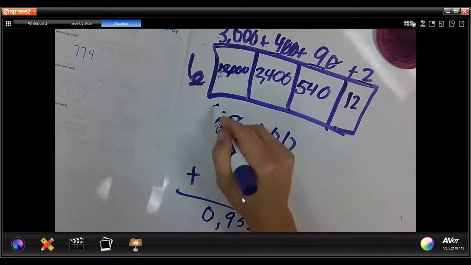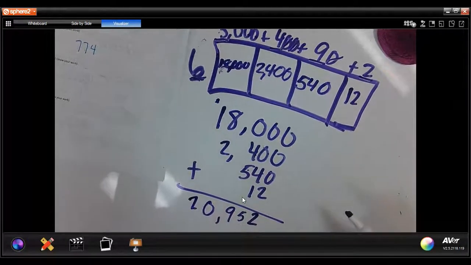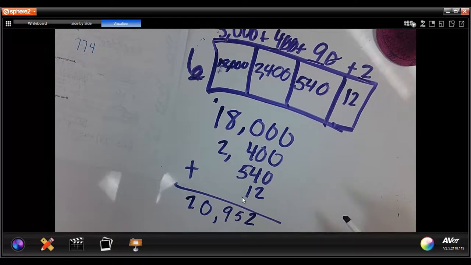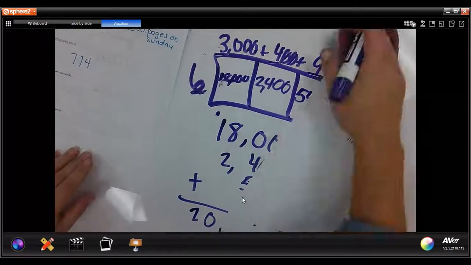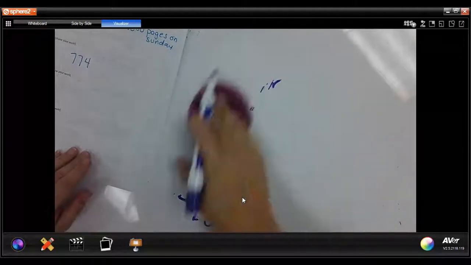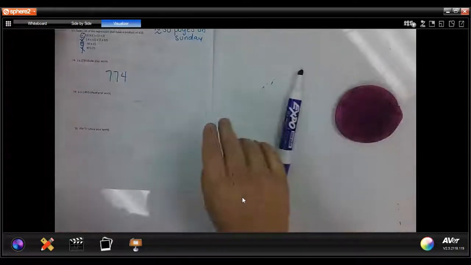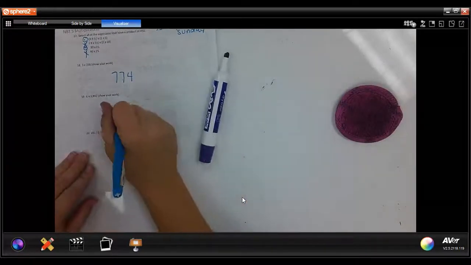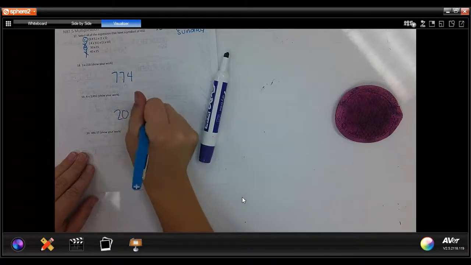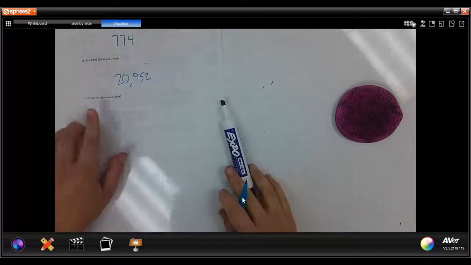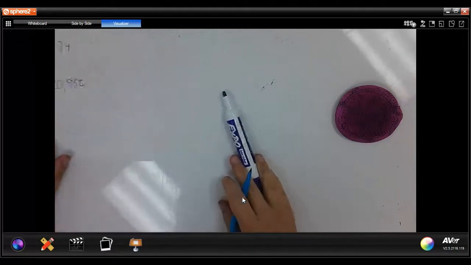Carry the 1. 1 plus 1 is 2. 20,952 would be my answer. So my answer on my paper will be 20,952. Okay, the last one on this page is 49 times 37.